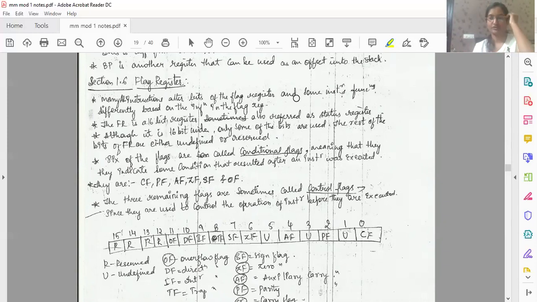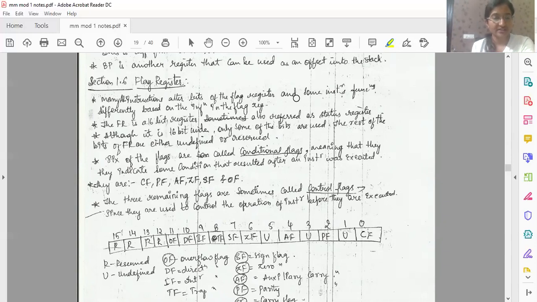When we say the content of the flag will affect the processor, we generally talk about the interrupts. When a particular flag goes high or goes low, those particular interrupts will be entertained or will be masked, right?